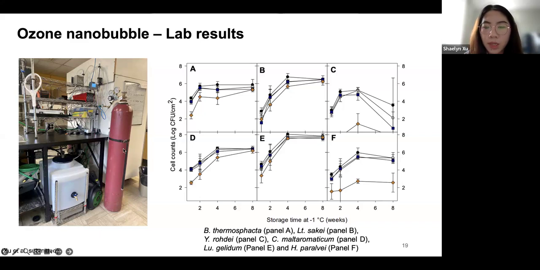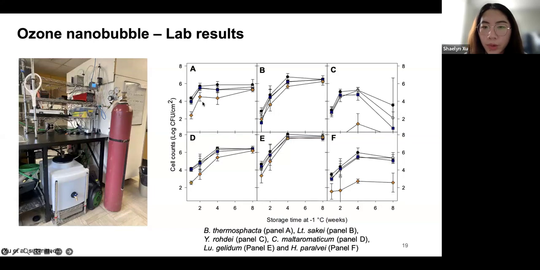Based on the results, you can see here that the black circles represent the untreated samples, which are inoculated but with no treatment. The gray circles represent the meat samples that have been washed with water as a control.